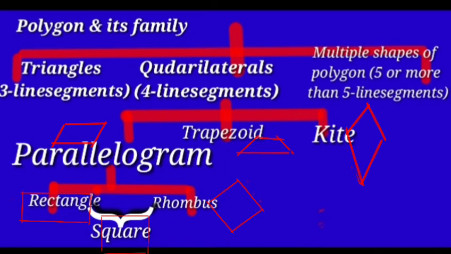It is a family of polygons in which a parallelogram is produced from a quadrilateral.